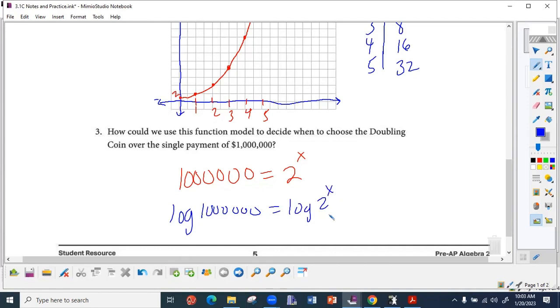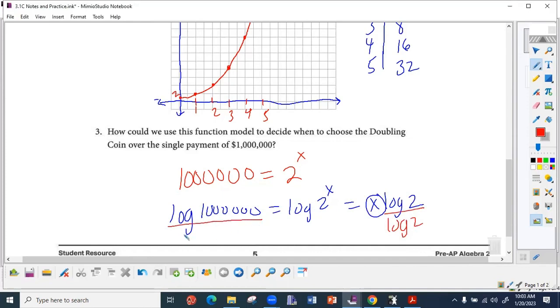Okay, by taking the log, I'm setting my power what? Free. So my power is free. So it's no longer log of 2 to the x, it is x log 2. And what do I need to do to get x by itself? Divide it. So I'm going to divide both sides by the log of 2.